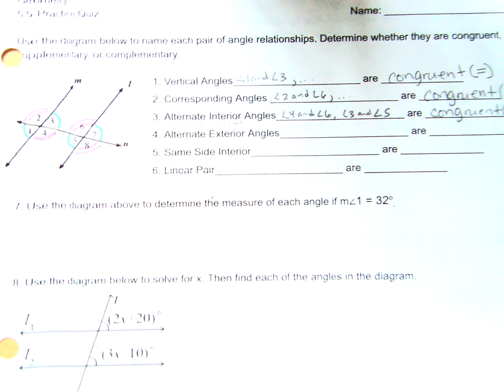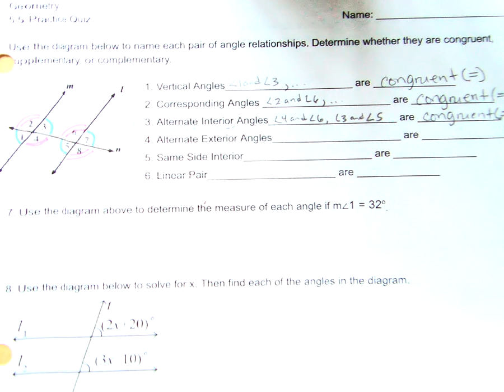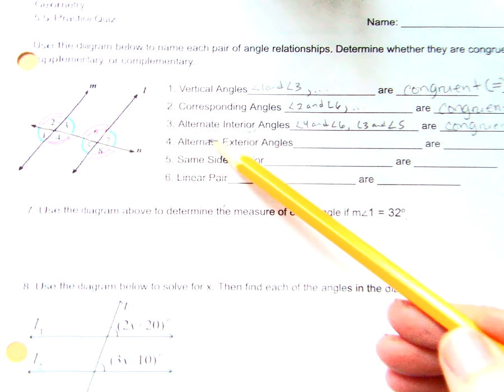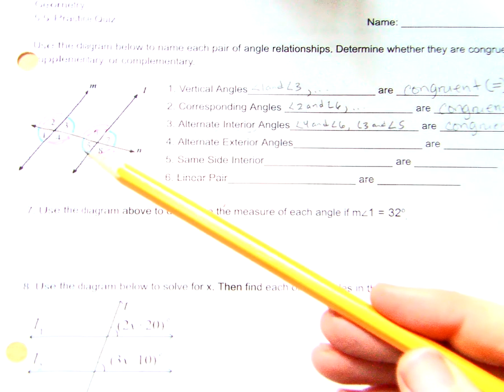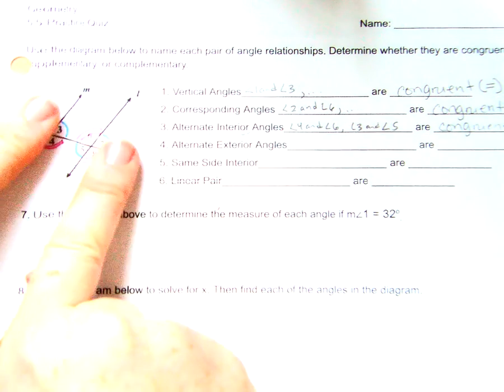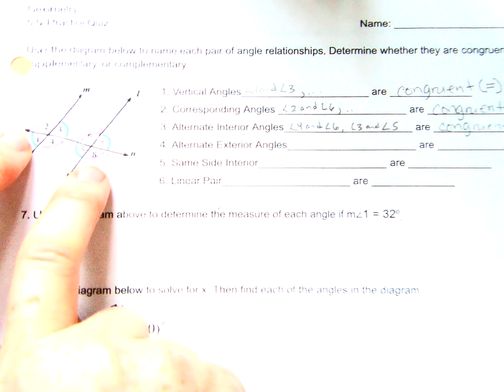All right, alternate exterior. So same thing here where we say, okay, alternate means opposite side of the transversal. And this time exterior means kind of outside these parallel lines. So on the outside, 1, 2, 7, and 8 are outside.